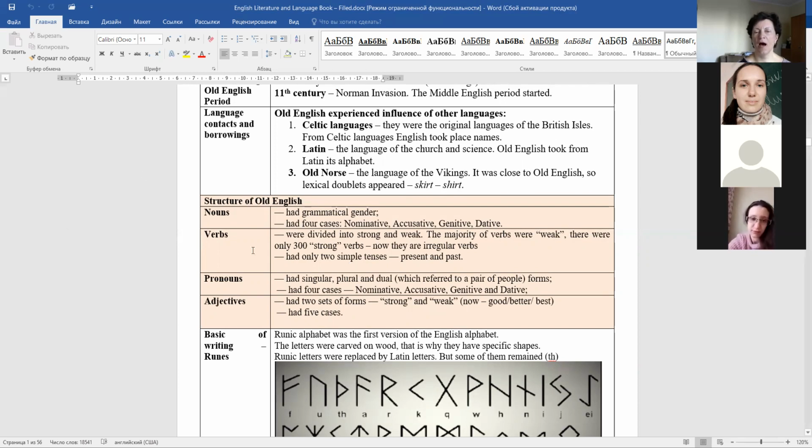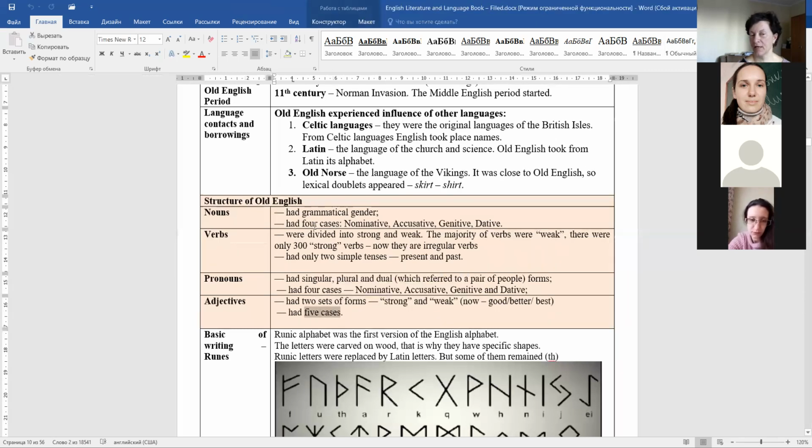When we compare adjectives with nouns and pronouns, we see that adjectives had even more cases than nouns and pronouns.